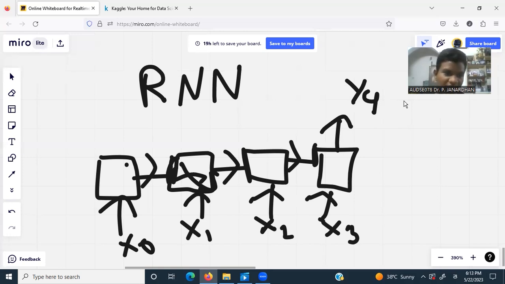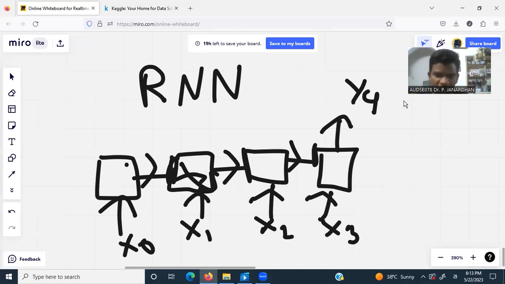We are going to share this hidden output of the first layer, or the first unit, to the next unit. And along with that, we are also going to have x1. So for each neural network, in each unit, we are going to have two inputs, x1 and the hidden feature. For the first unit, we don't have two inputs, we only have one input.